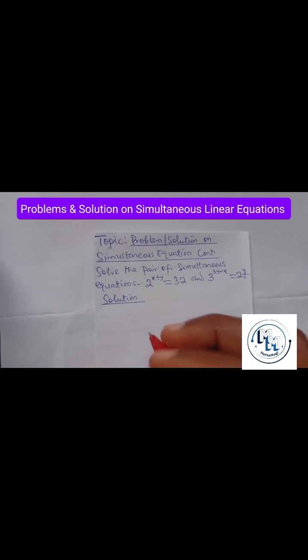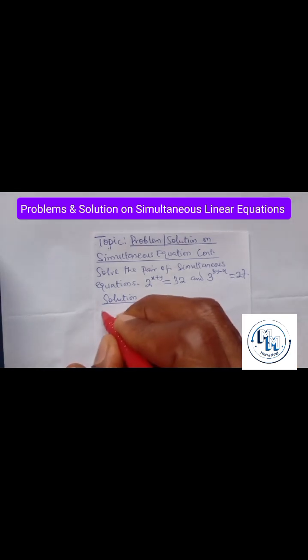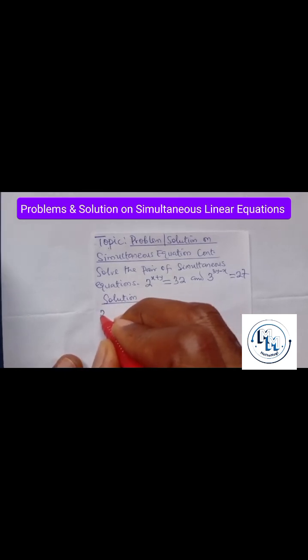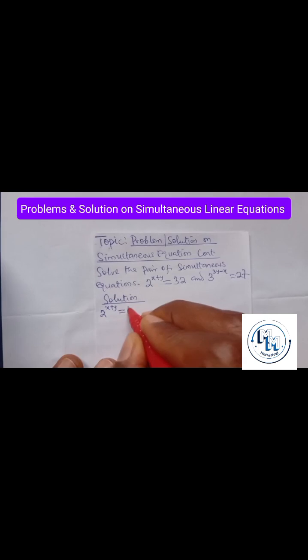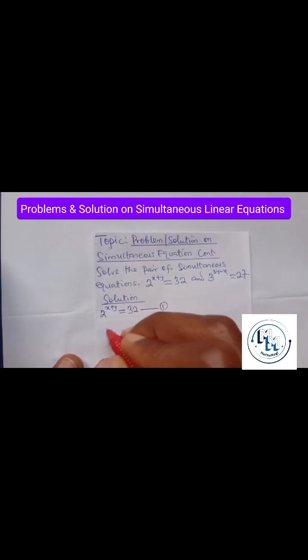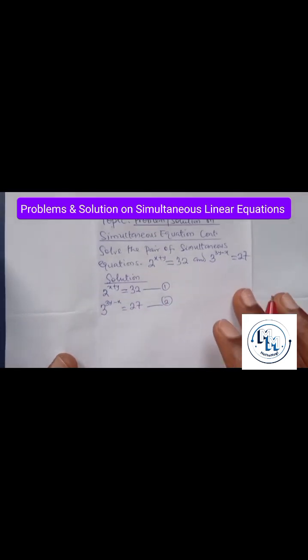Let's put it this way: 2 power x plus y equal to 32 is my equation 1. Then the second one, 3 power 3y minus x equal to 27, is my equation 2. Is that okay? Now let's proceed.